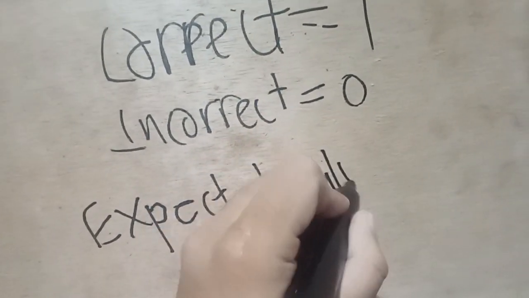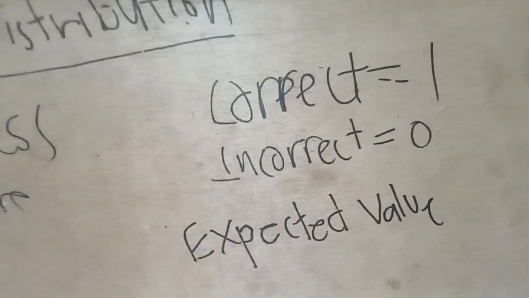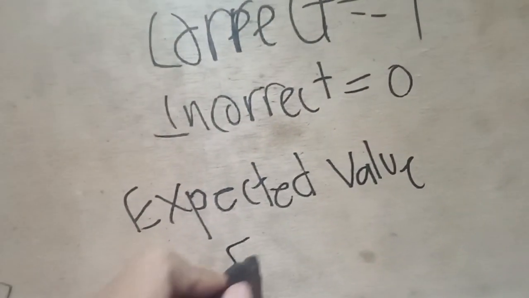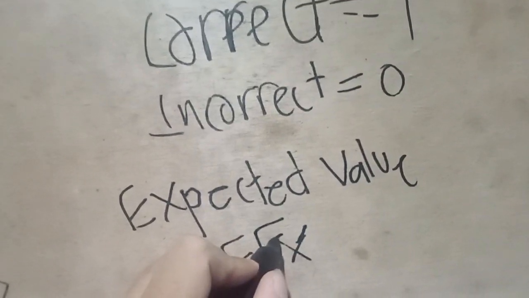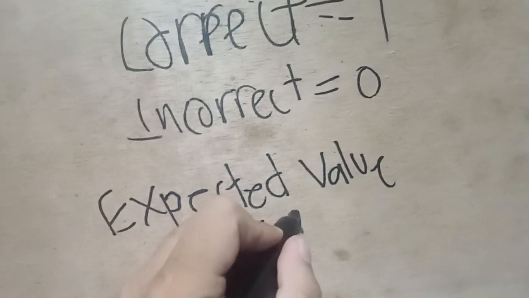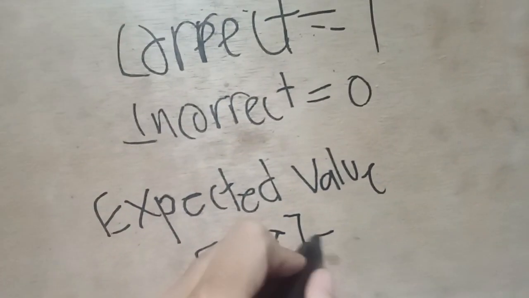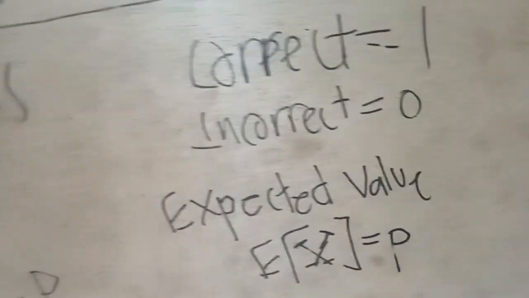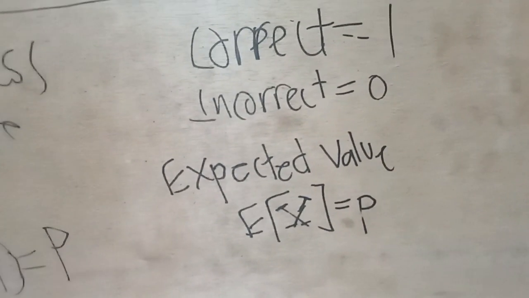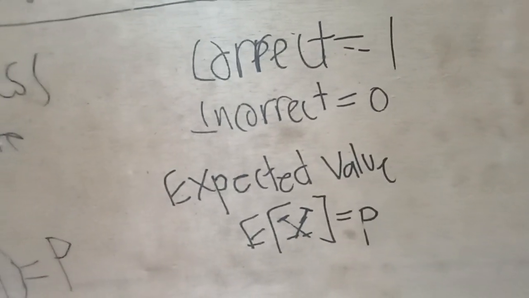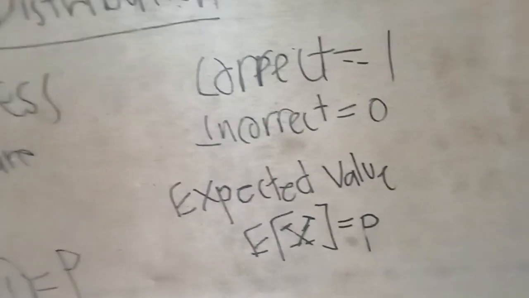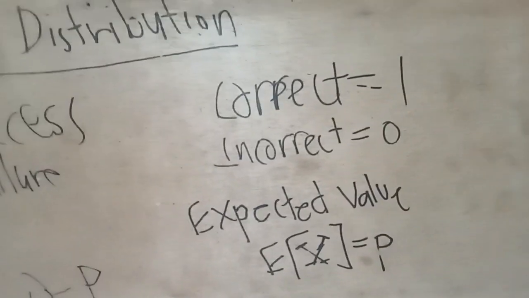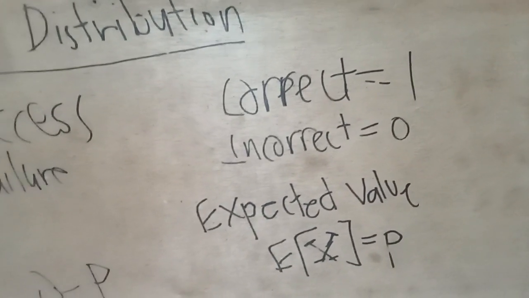Expected value. The formula is E of X equals P. The expected value, or the mean, tells us the long run proportion of successes.